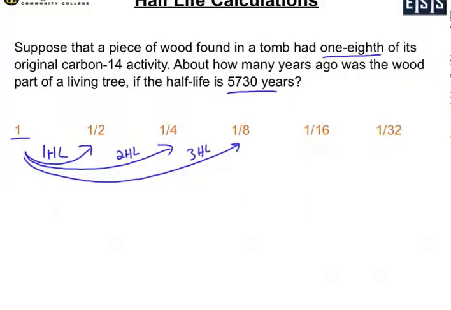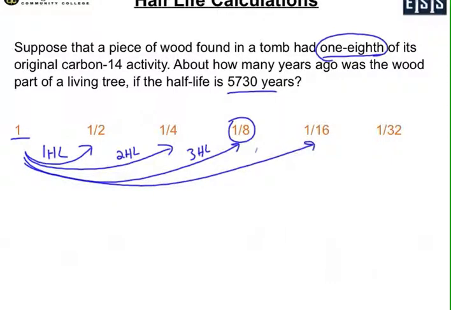That's 3 half-lives, and that's what we're looking at here. We have 1/8 of the material left. If it had been 1/16, that would have been 4 half-lives, and if it was 1/32, 5 half-lives, etcetera. As I said, in introductory chemistry, you won't go much farther than 3 or 4 half-lives.